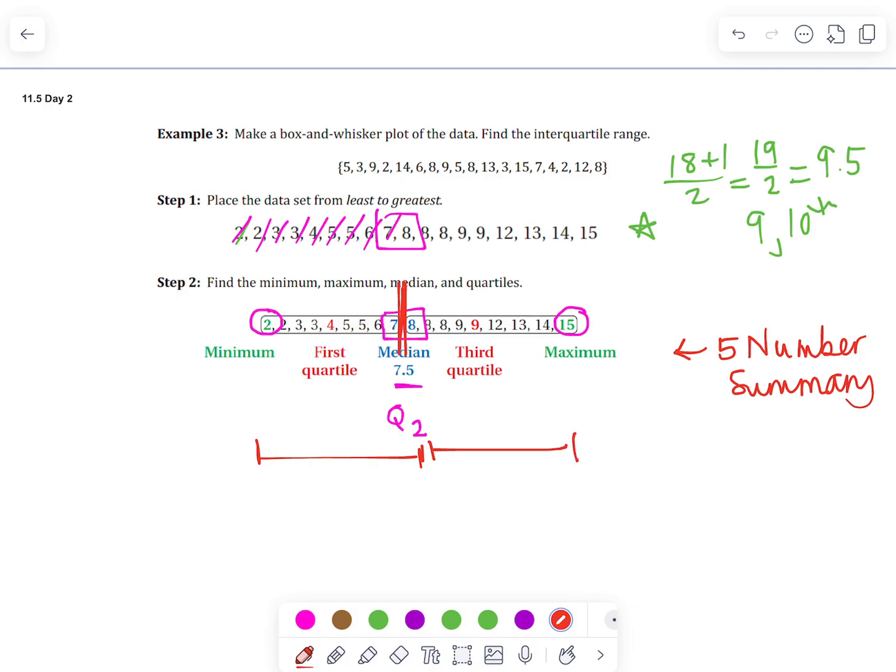So then we would work our way to the middle, and we get 4 and 9. So again, Q1 and Q3 are the medians of the lower half and the upper half.